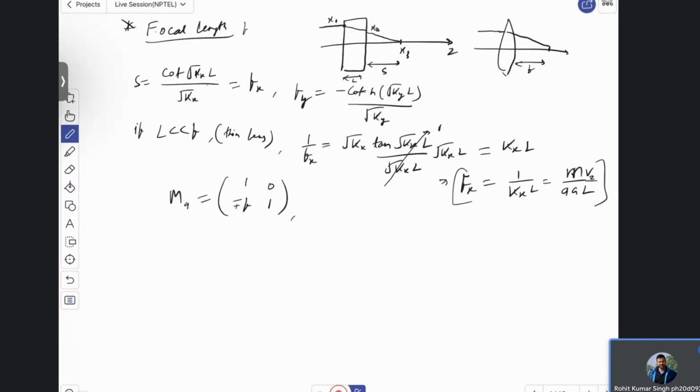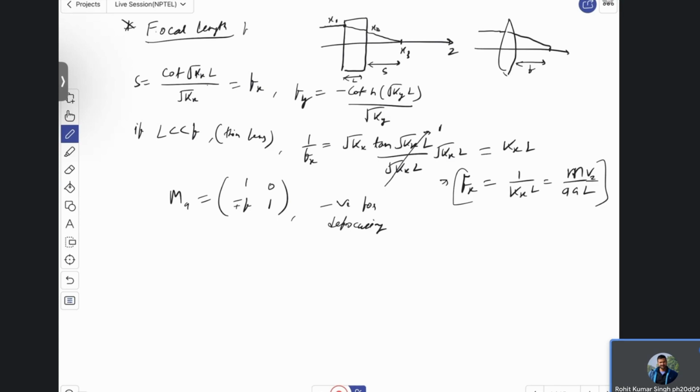Here negative is for defocusing, and positive is for focusing. So this is what we have for the focal length.